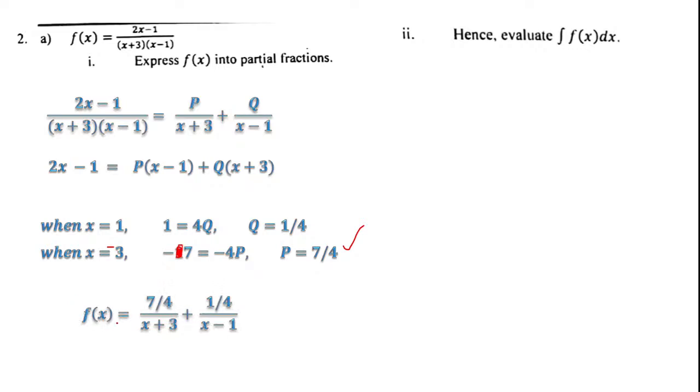So this now gives us the values of p and q. We have 7 on 4 over x plus 3 plus 1 over 4, all that over x minus 1.